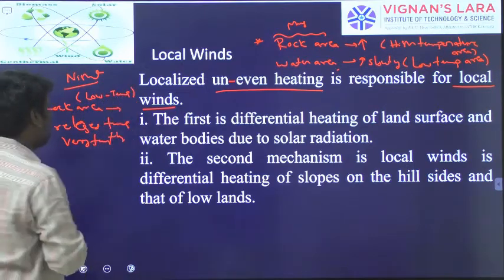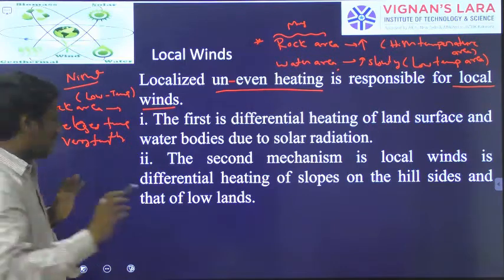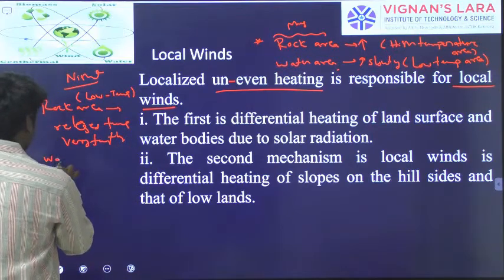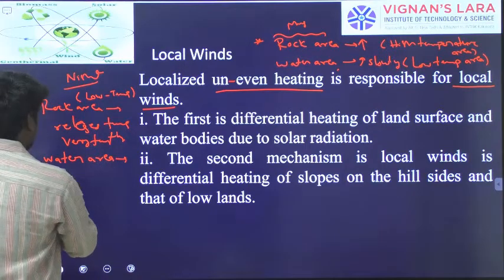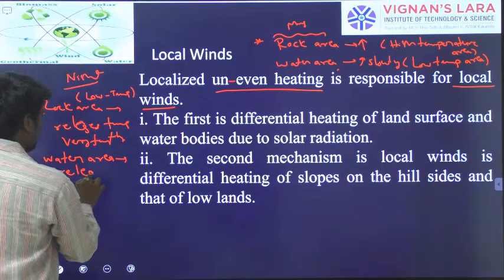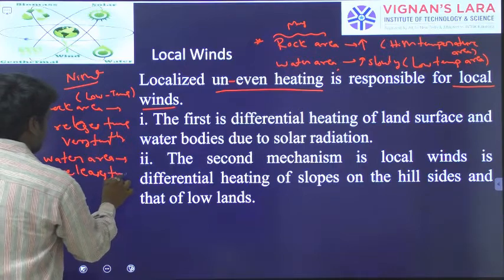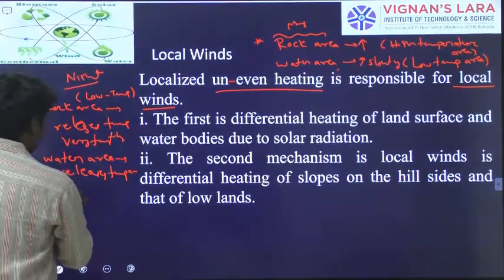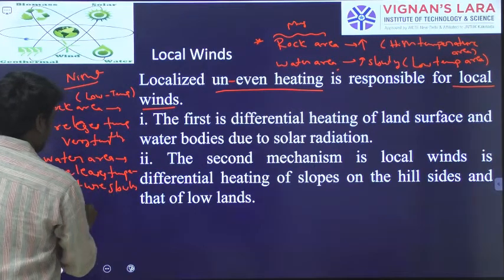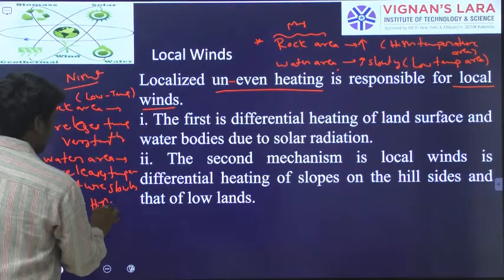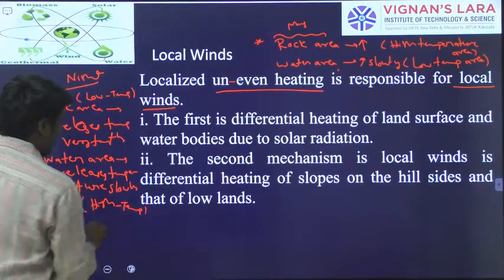Whereas the water area releases temperature slowly, so this can be called a high temperature area.